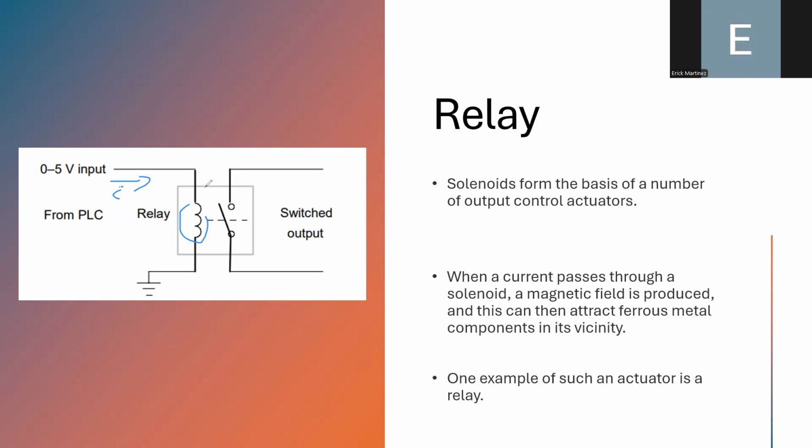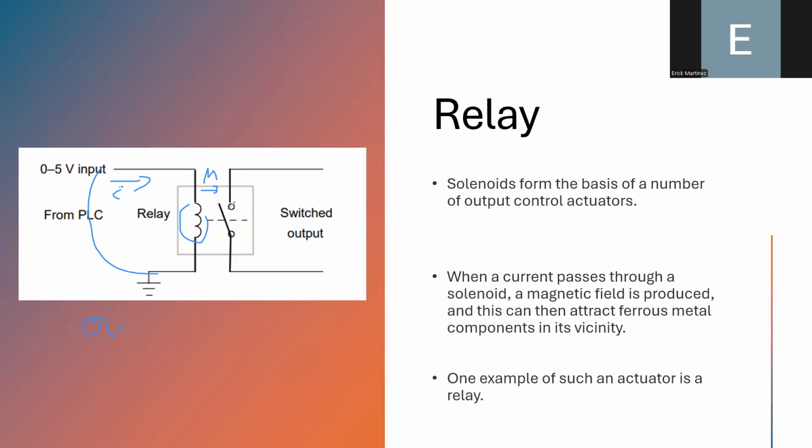For instance, if we have a magnetic field, we can close the switch. But if I place a voltage equal to 0 volts, the switch will be open. So depending on the level of voltage that you apply to this region of the relay, you can activate or deactivate, open or close a switch based on the magnetic field that is generated by this coil.